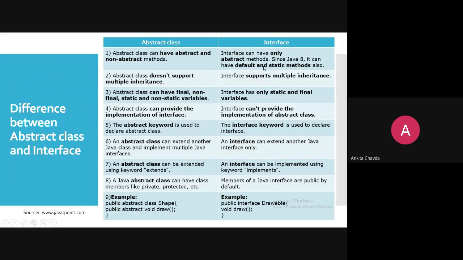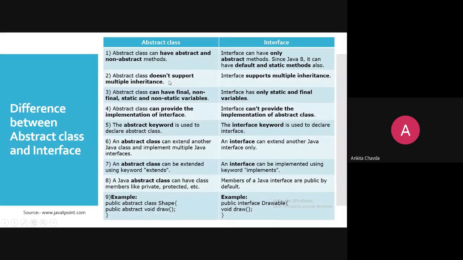Since Java 8, it can have default and static methods also. Because you are not writing anything, by default it is default, and if you make it static, it would be static. Otherwise, generally, it will have only abstract methods in the interface. As in theory, by default they are abstract methods, and by default they are public.